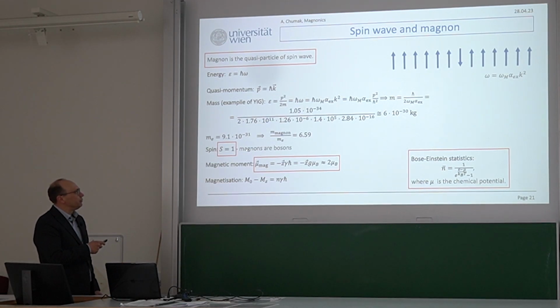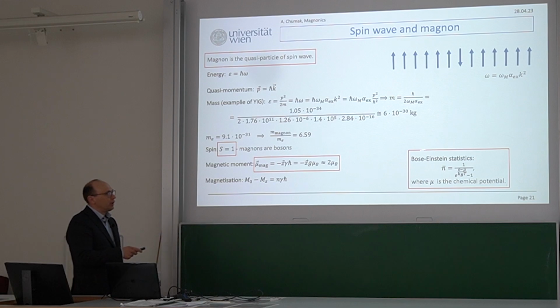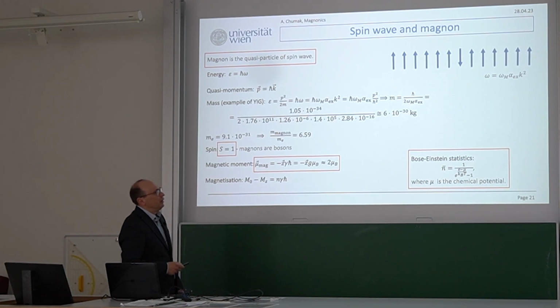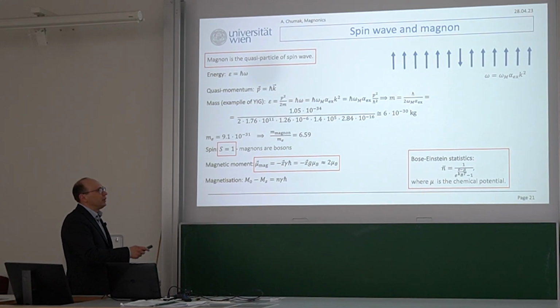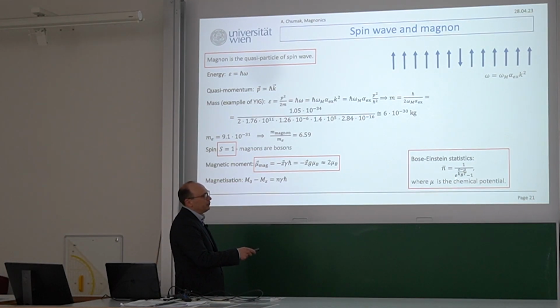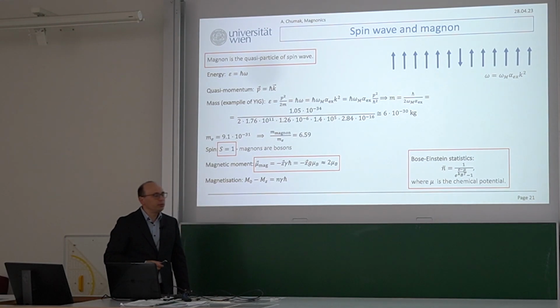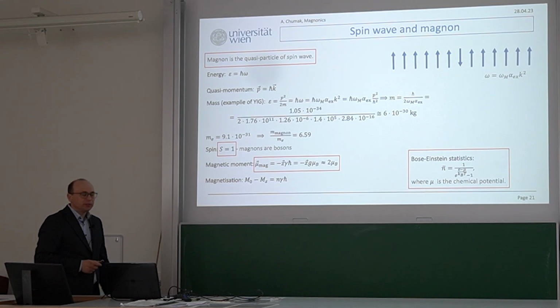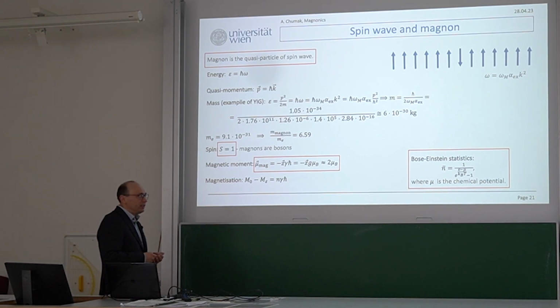Magnon, since it's a boson, if you want to describe its statistics, you need to use Bose-Einstein statistics. The formula is similar to the Fermi-Dirac distribution, but here we have -1. So it means that if this exponent gives you 1, you will get an infinite population of magnons, which is a signature of Bose-Einstein condensation.